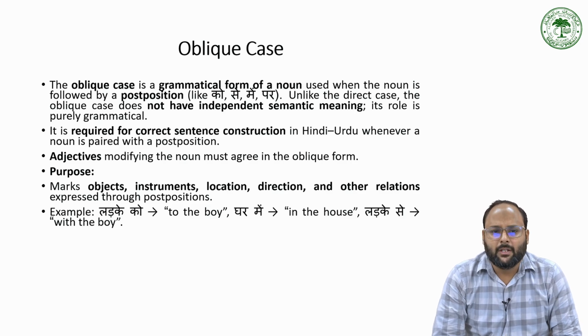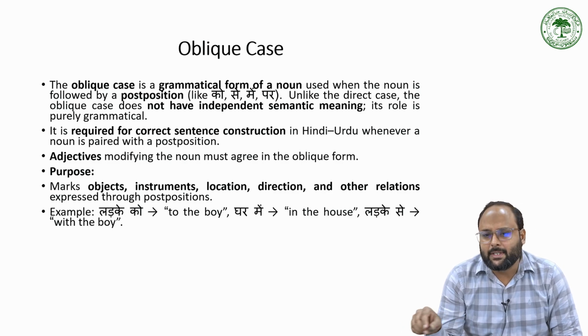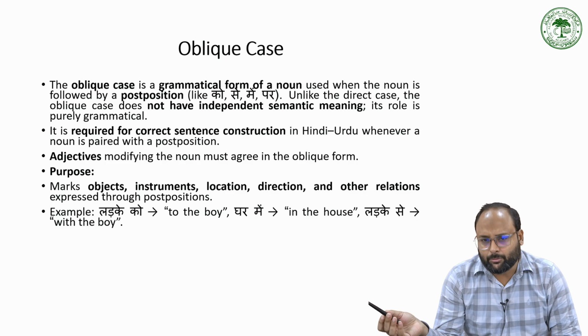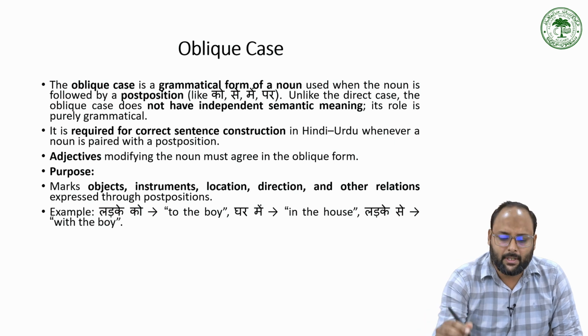So it is required for correct sentence construction in Hindi Urdu whenever a noun is paired with a postposition. Whenever the noun in the sentence is followed by a postposition, the base form changes, meaning there is some modification in the base form.